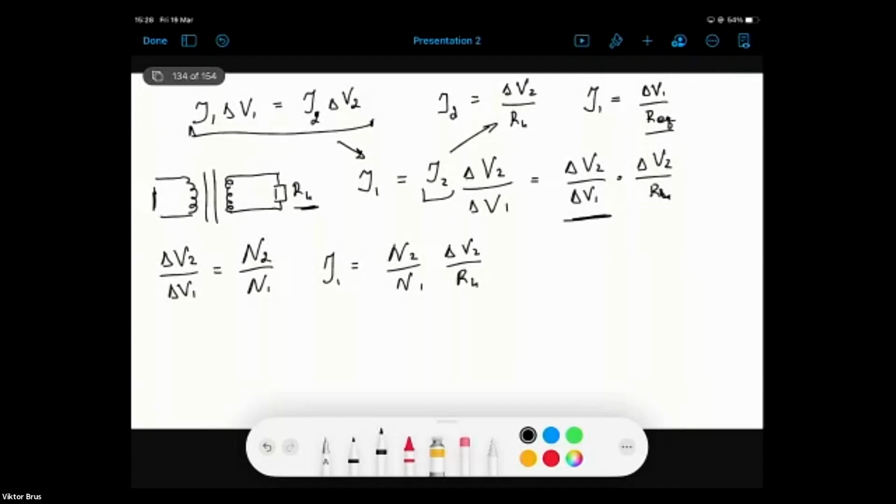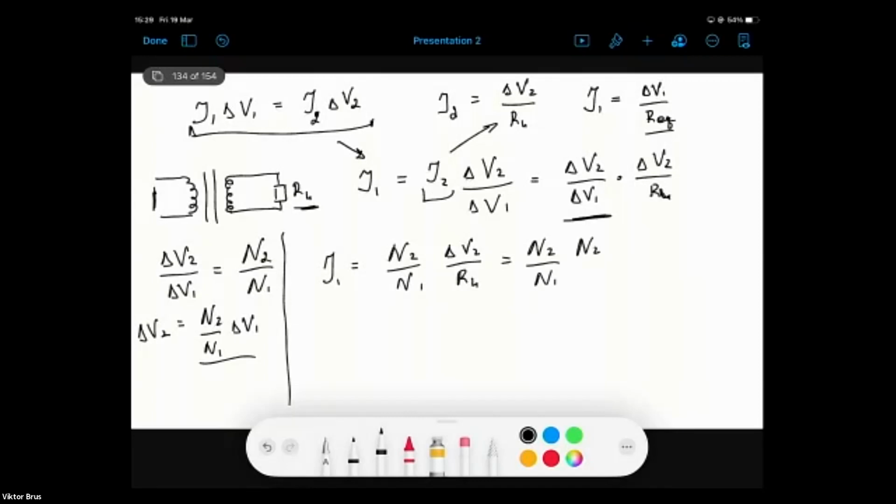And again, we know that delta V2 can be expressed as N2 divided by N1 times delta V1. So now we substitute this expression instead of delta V2, and what do we get?